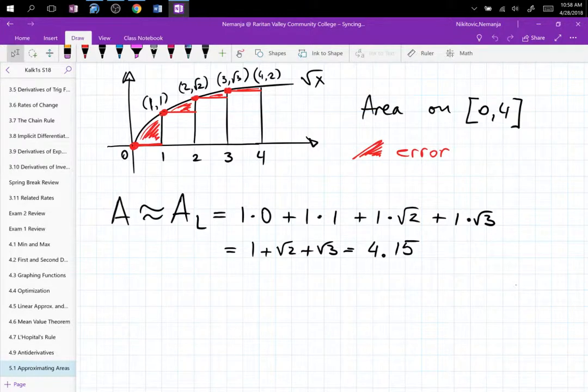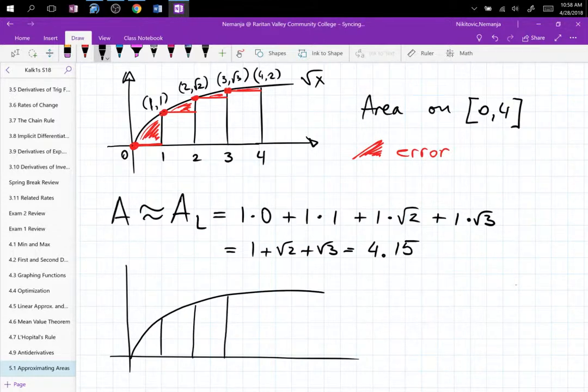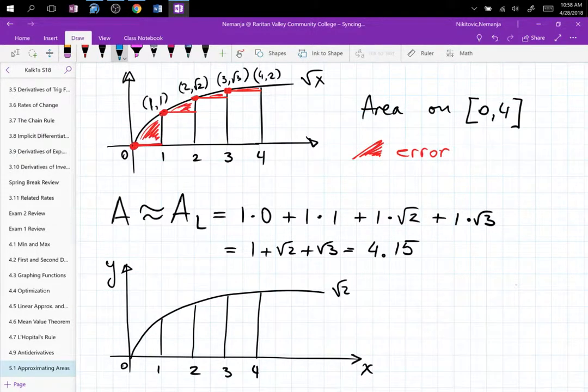So let's do the same thing, but from the right. So I still have the same square root function, 0, 1, 2, 3, and 4. But this time around, I'm going to use right points on each.